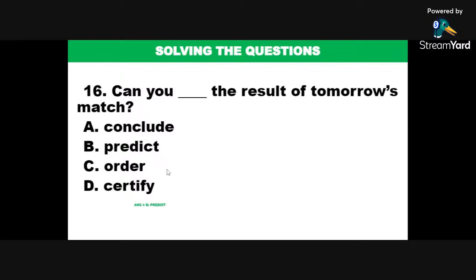So the correct answer here is predict. And so this has to do with both semantics and collocation as well. Okay.